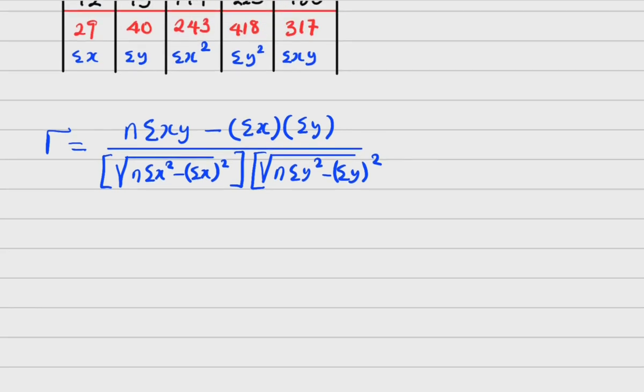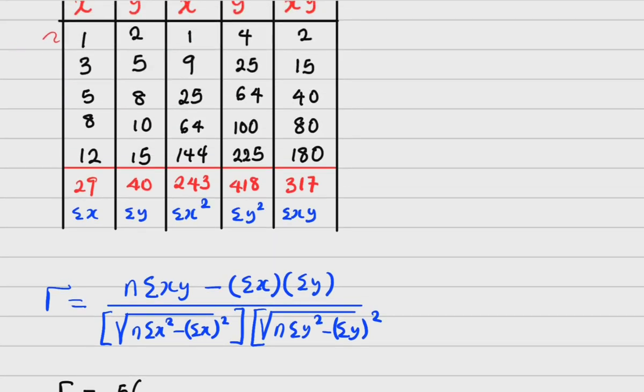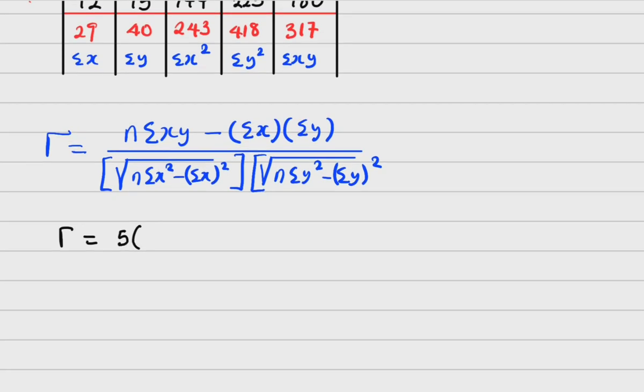Let me put it like so that we can see it very well. Now my r will be equals to 5. Now listen, n is 5 because the number of data for x is 5 and that of y is 5: 1, 2, 3, 4, 5. So take note, that is why I'm having 5 here.